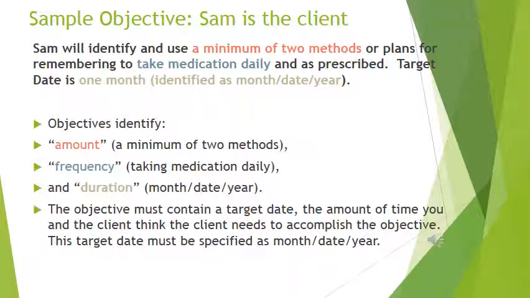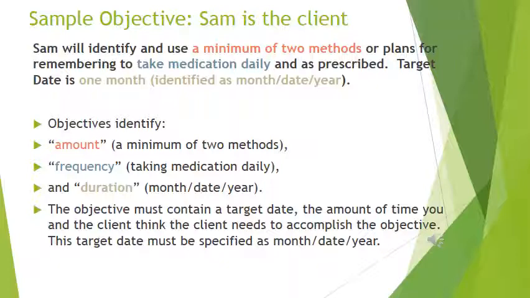Here's another example objective where Sam is the client. Sam will identify and use a minimum of 2 methods or plans for remembering to take medication daily and as prescribed. The target date is 1 month, so 1 month from where you are now, and you would identify that in terms of something like January 15th, 2020, or the specific date.